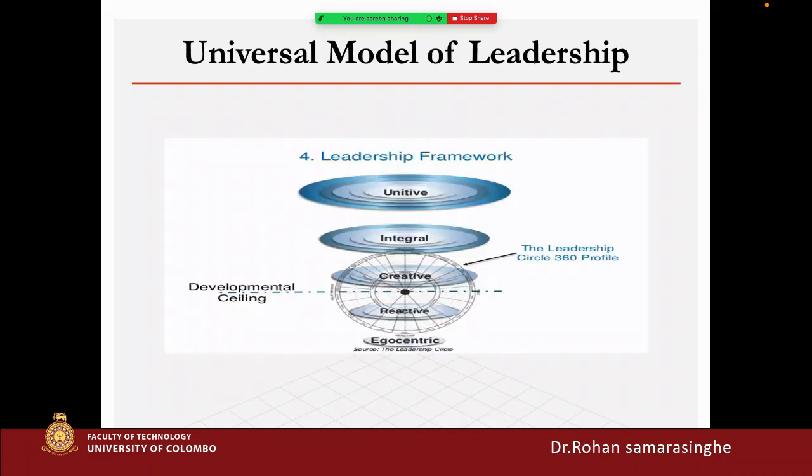Actually, when you consider the universal model of leadership, you can see there are some different layers. For example, I got this one from the Leadership Circle, the egocentric layer.